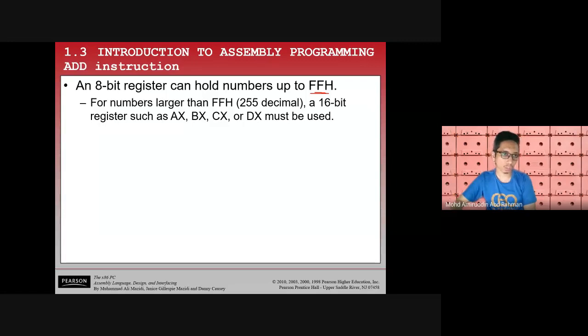So why is this 255 decimal? So this is how many bits? It is 8-bit. So what is the total number for the 8-bit?